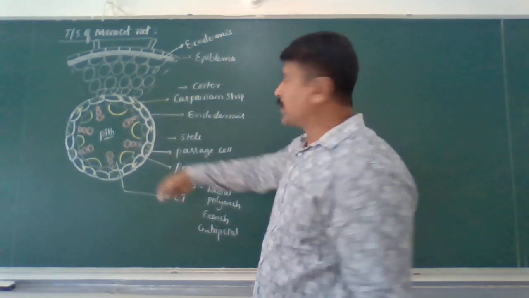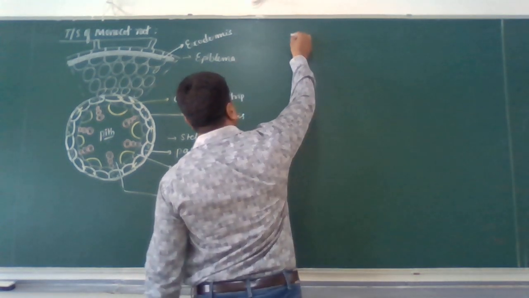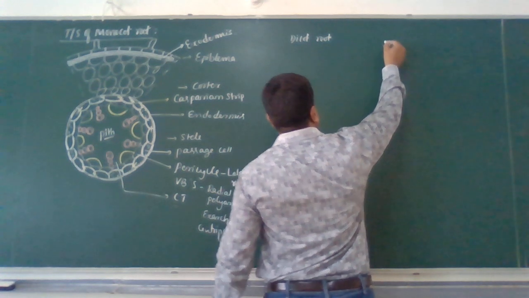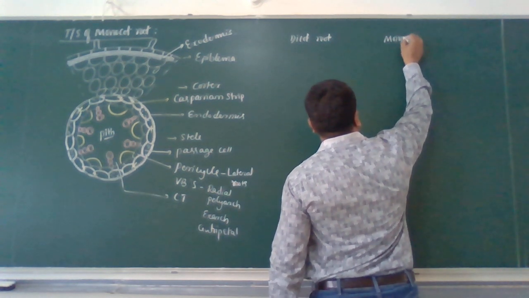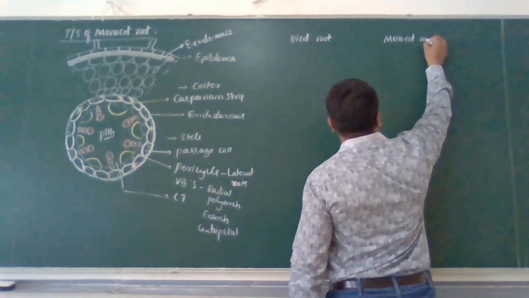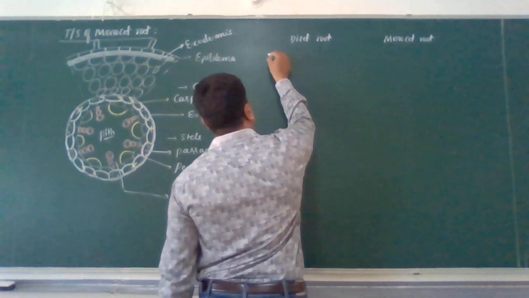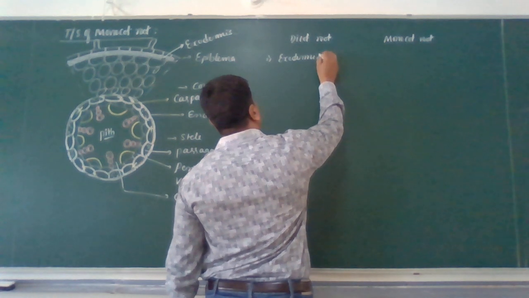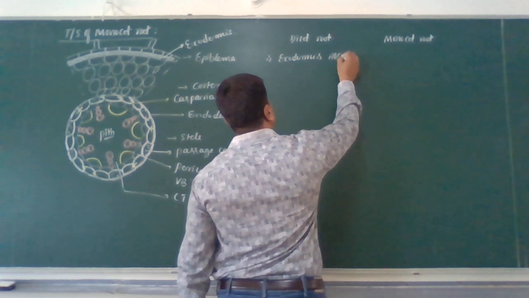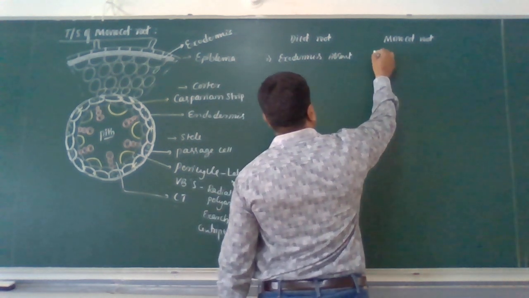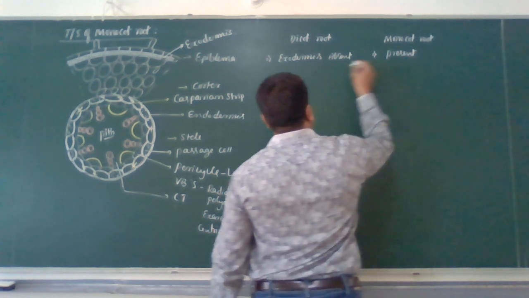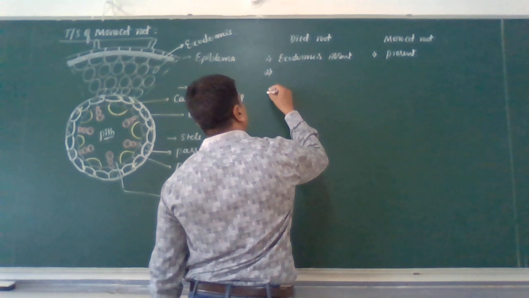So this is the anatomy of the monocot root. Okay, now let us consider the differences between the dicot root and monocot root. Number one, exodermis: in dicot root exodermis is absent; in monocot root exodermis is present.